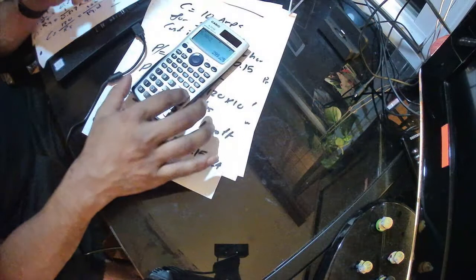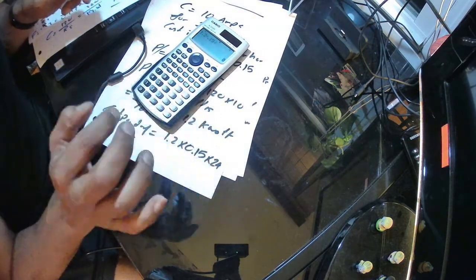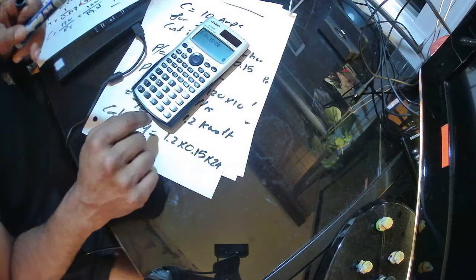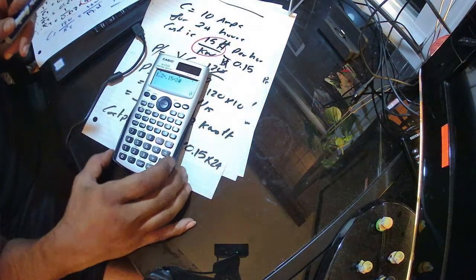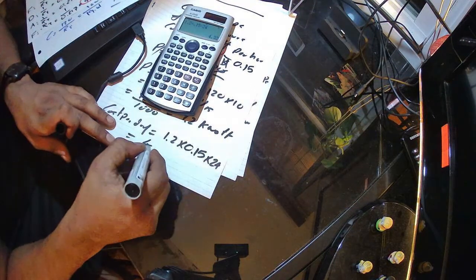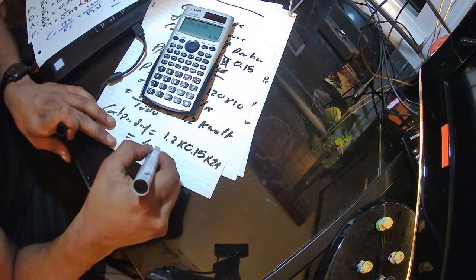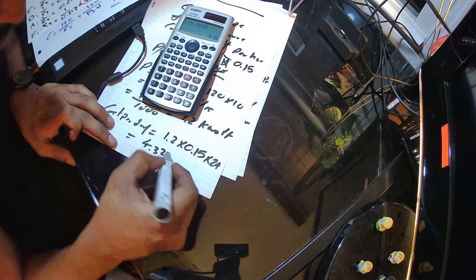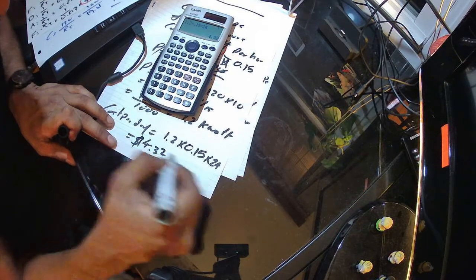So I'll do the math here. 1.2 times 0.15 times 24 equals $4.32 per day.